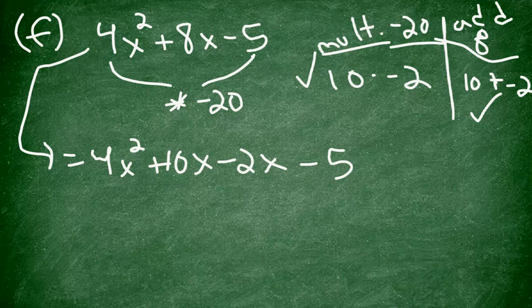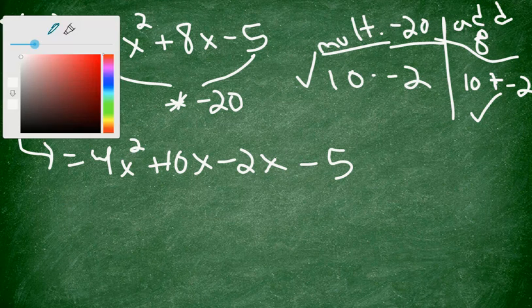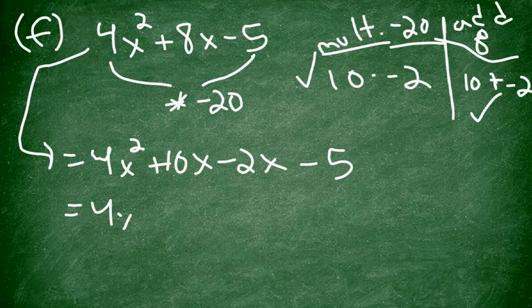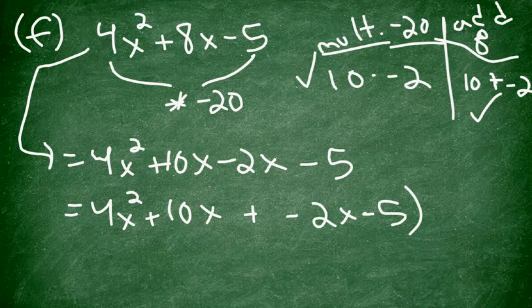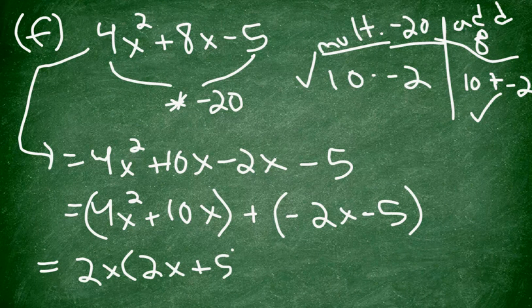Okay. So again, I'm going to get my pen here. I'm going to split this up using an addition symbol. Factor out the GCF of these first two, which would be 2x. So I'm left with 2x plus 5.